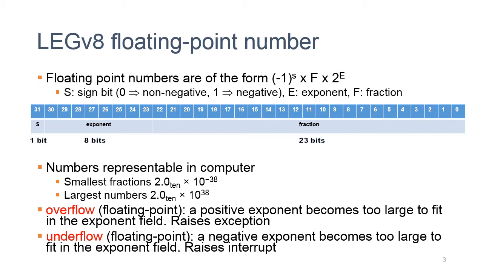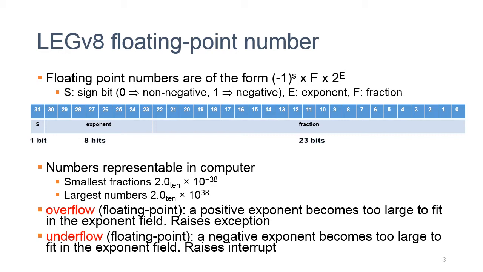Fractions almost as small as 2.0 times 10 to the power minus 38, and numbers almost as large as 2.0 times 10 to the power 38 can be represented in a computer.